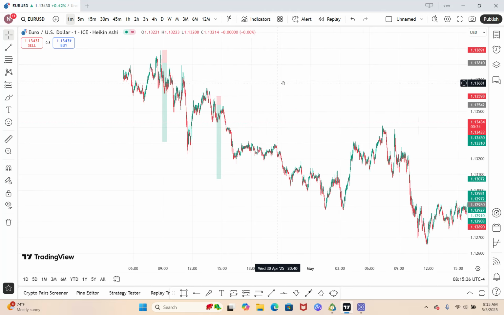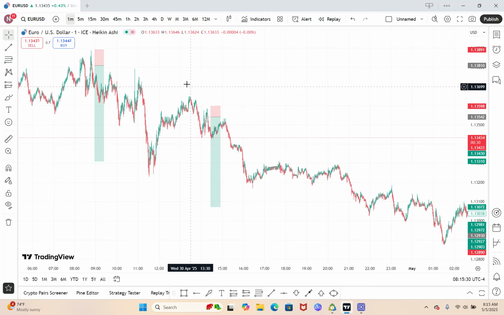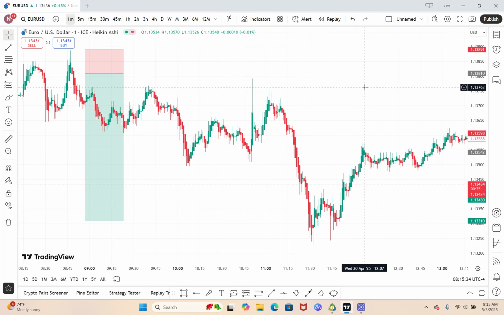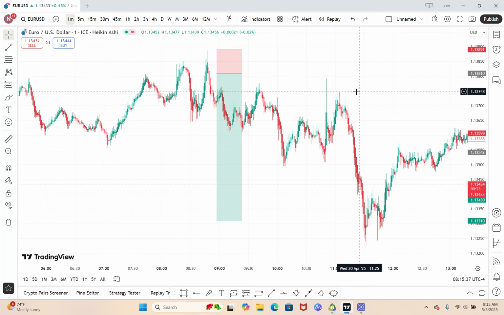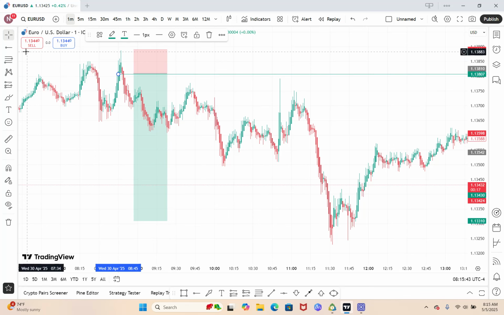So for the trade that we had over the weekend, this area right here, we had a trade marked, which was a sell trade.